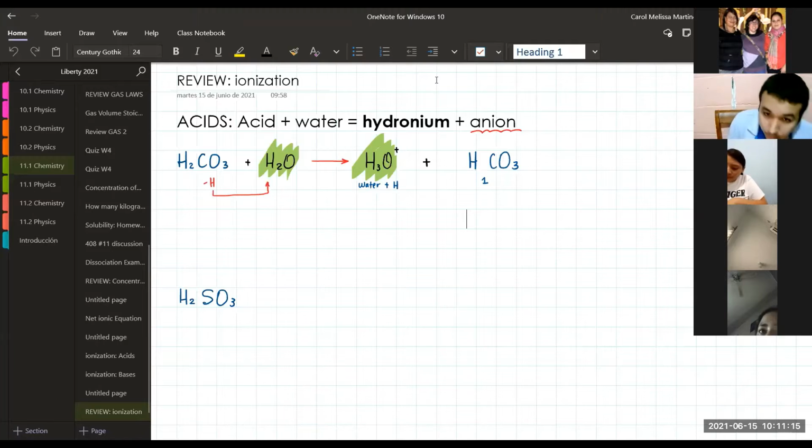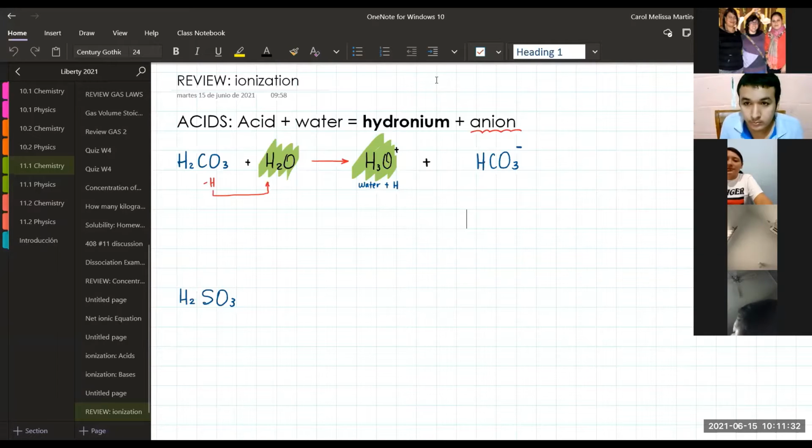That will be the anion. And because it is an anion, we need to indicate the charge. Because it lost one hydrogen, the charge will be negative. And that is the ionization of an acid.